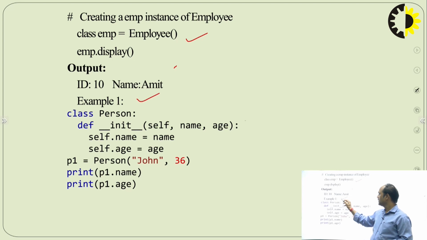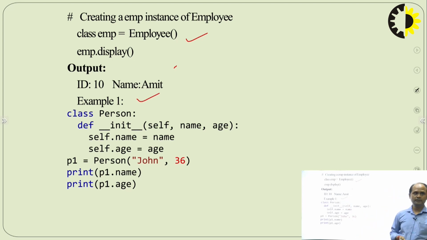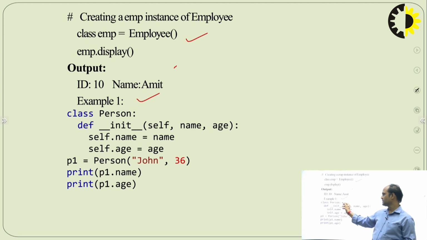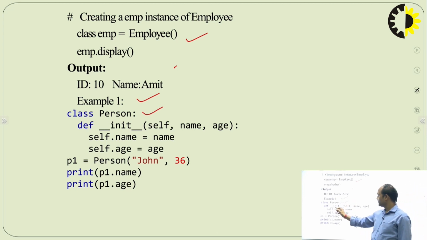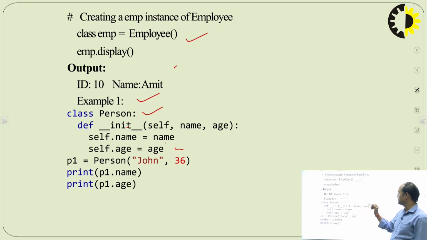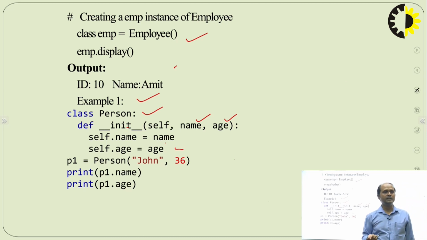Now we can use another example of the next class. Suppose we have a class of person, and we define a function named init, that is the initialization function. Self is a parameter that denotes that particular class person, and we use name and age, that are the fields of that particular class. Suppose for a person, we use two types of parameters. One is name and another is age.